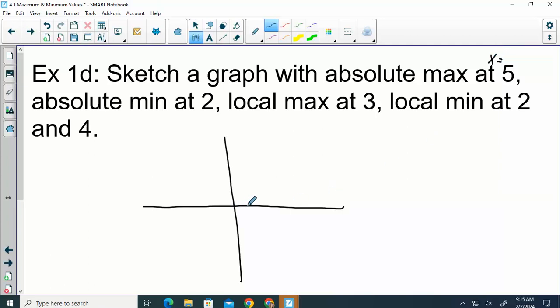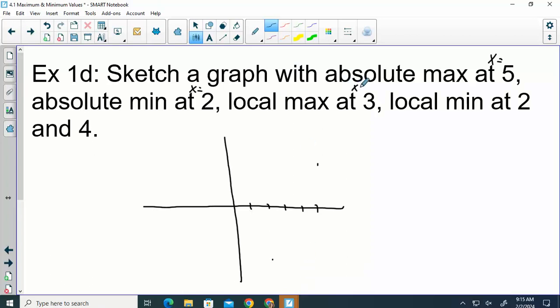Sorry about that. So when x is 5, that is my highest point on the graph. Now, I didn't tell you what the y value was, right? Because I just asked for a graph that made it work. An absolute min at x equals 2. So when x is 2, that is the lowest my graph hits. When x is 5, that is the highest.